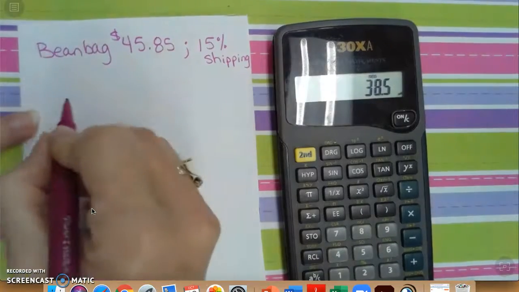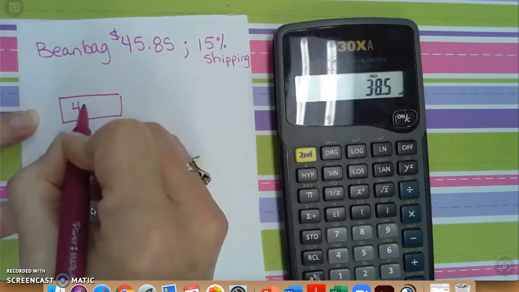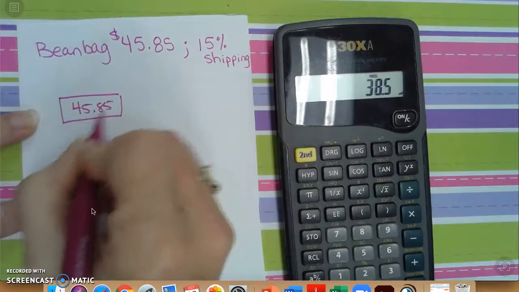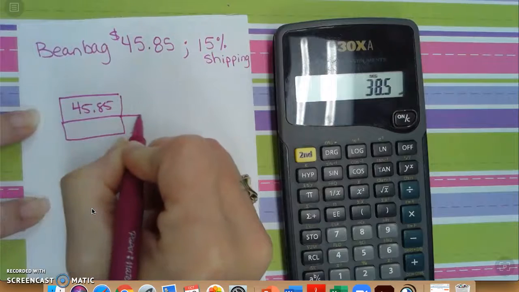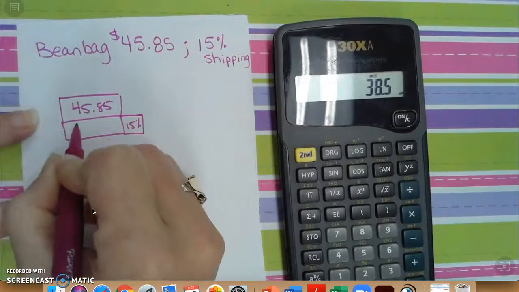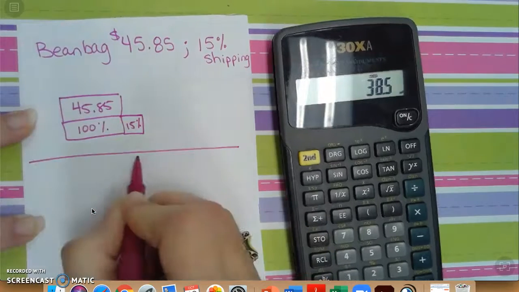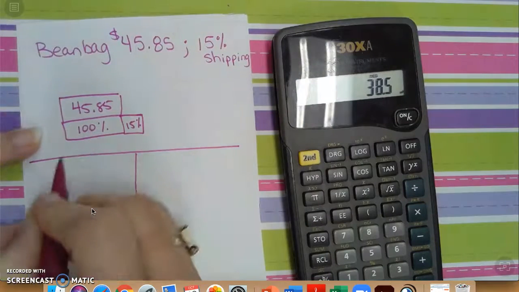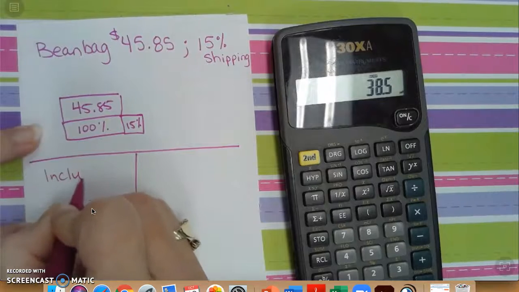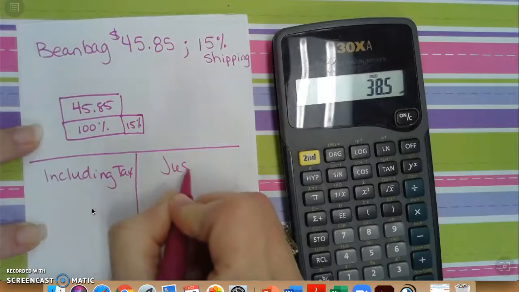All right, we got a bean bag. Remember, the bean bag is 100%. This time I said shipping, and shipping is a lot like tax. It makes the price go up, and that's what we're focusing on. So, including tax, and just tax.